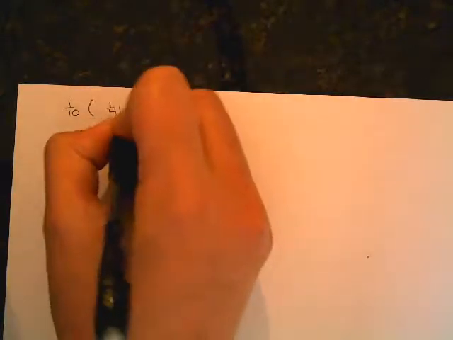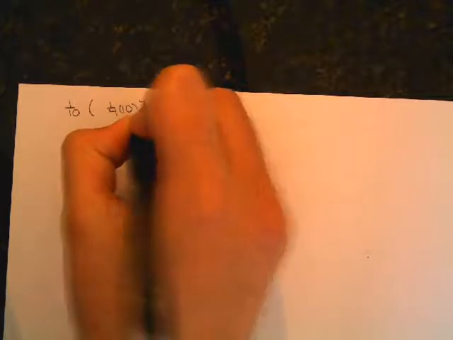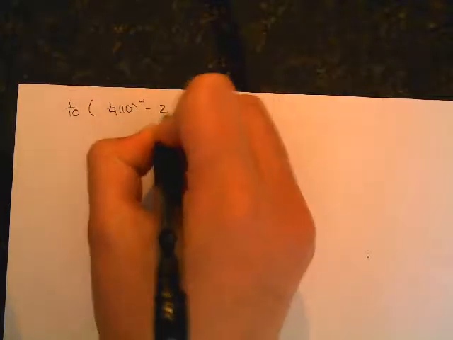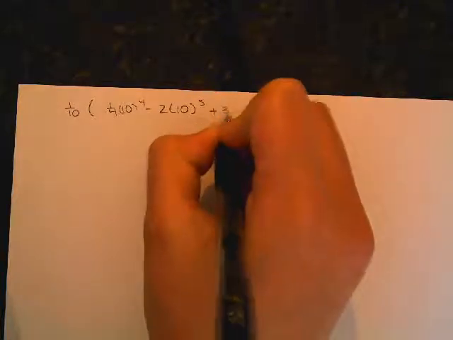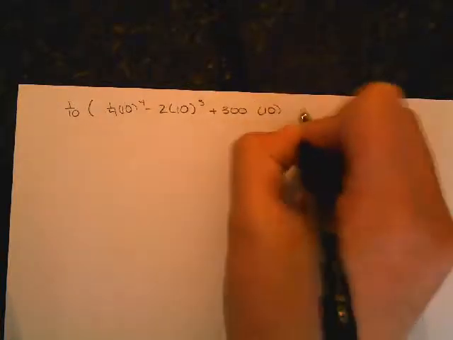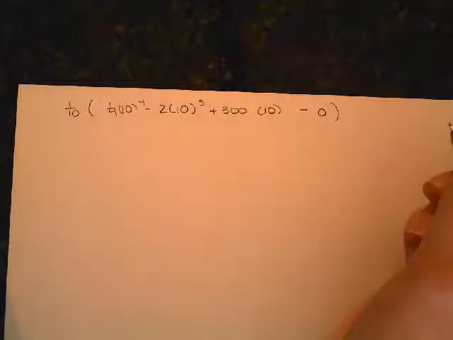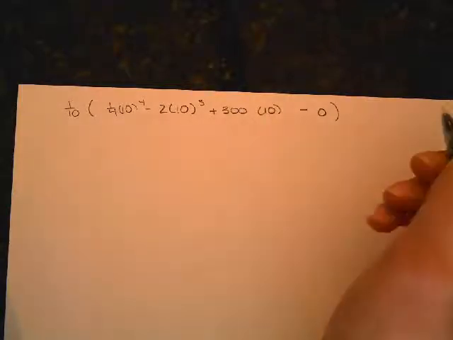So from here, I said, okay, I've got 1/10, and then that's 1/4 times 10 to the 4 minus 2 times 10 to the third plus 300 times 10 minus 0, right? Because when you plug 0 in, you don't get anything. And then you should be able to leave it there.